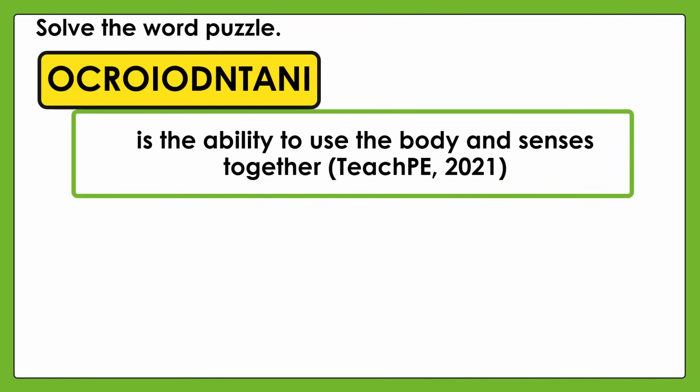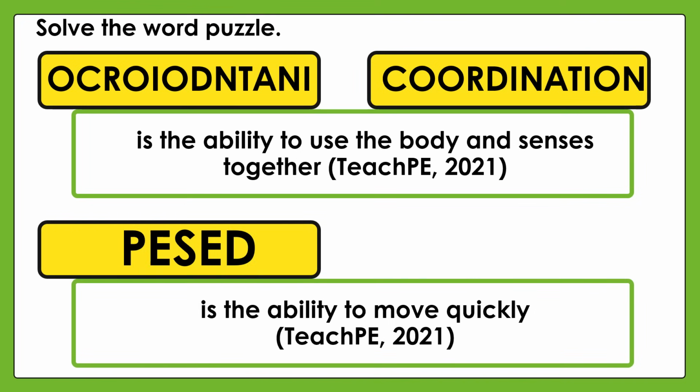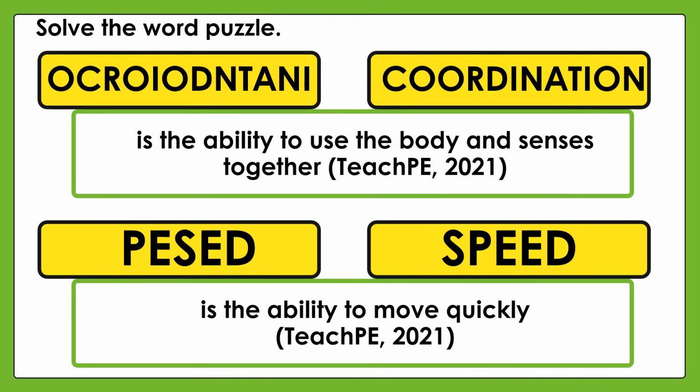Number 3 is the ability to use the body and senses together. The answer is coordination. Number 4 is the ability to move quickly. The answer is speed.